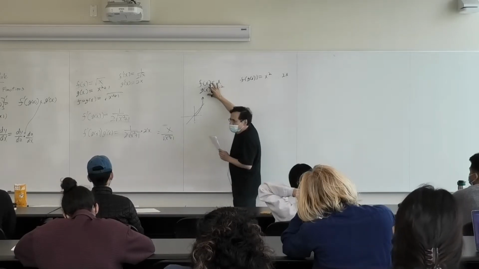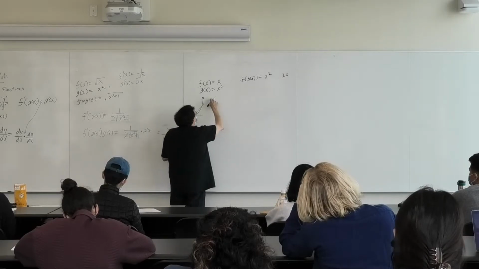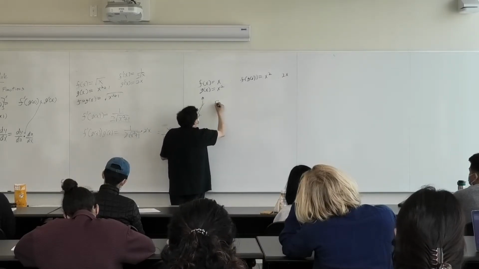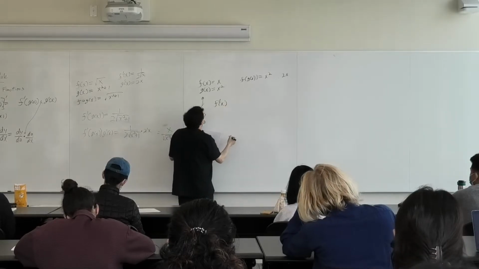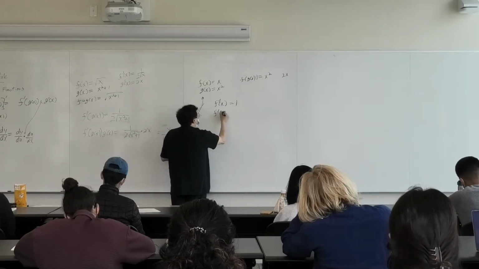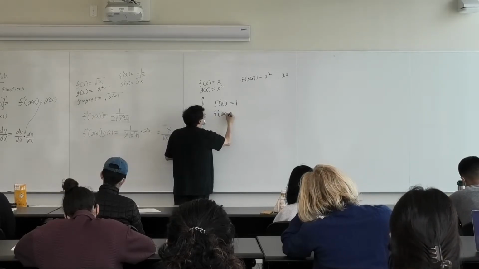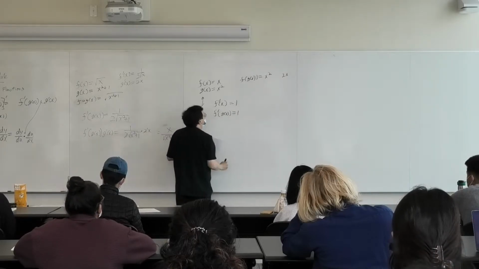But let's go through the steps here. The derivative of f of x is just the constant 1. So f prime of g of x is just 1.